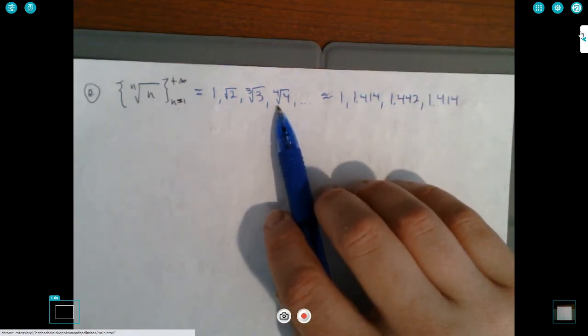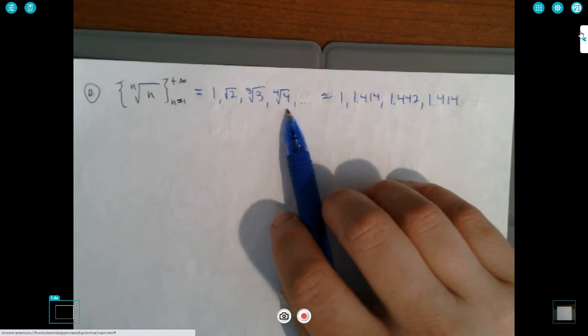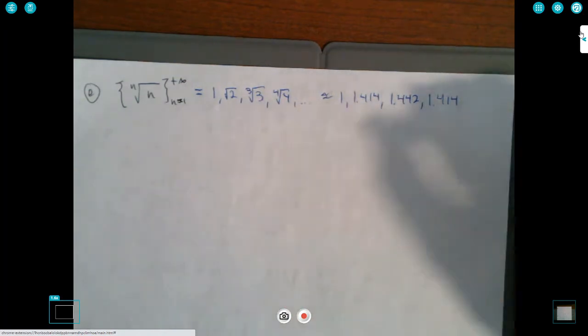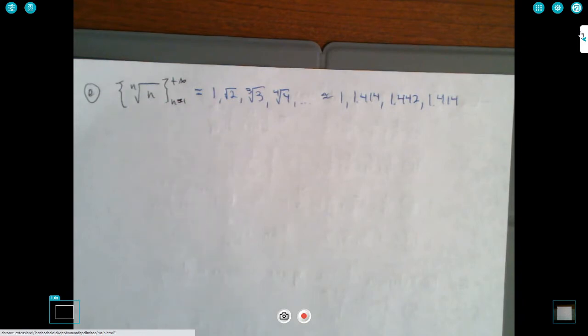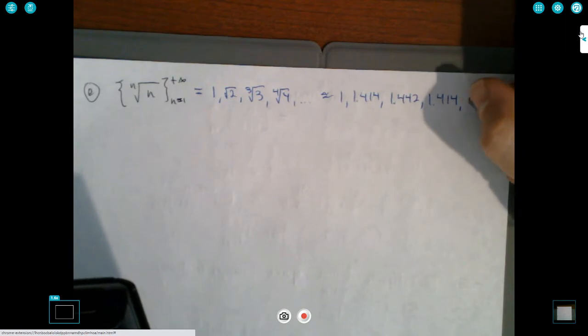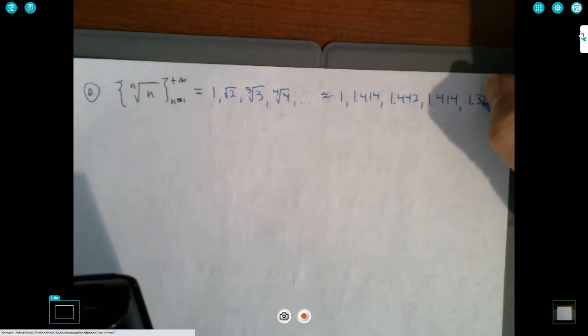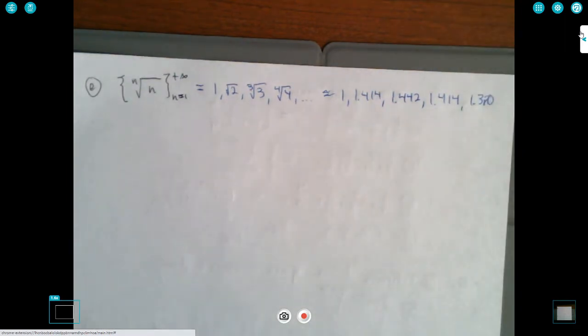It is, right? Yeah, because 4 is 2 squared. So this is 2 to the 2/4, which is the same as 2 to the 1/2, right? But I wonder about the 5th root of 5. Now I'm really curious. 5th root of 5 is about 1.380. So it's starting to decrease again.